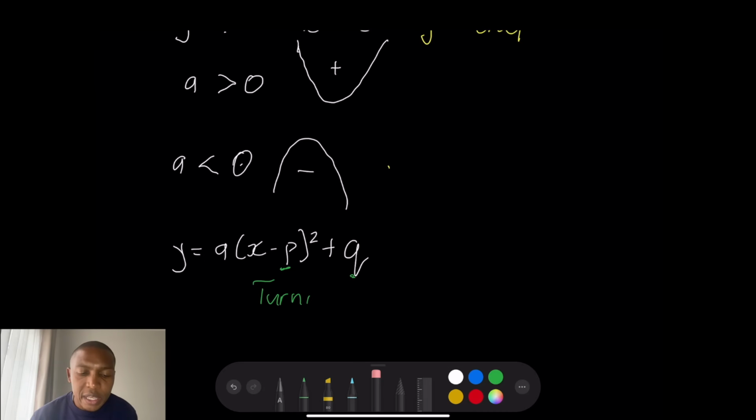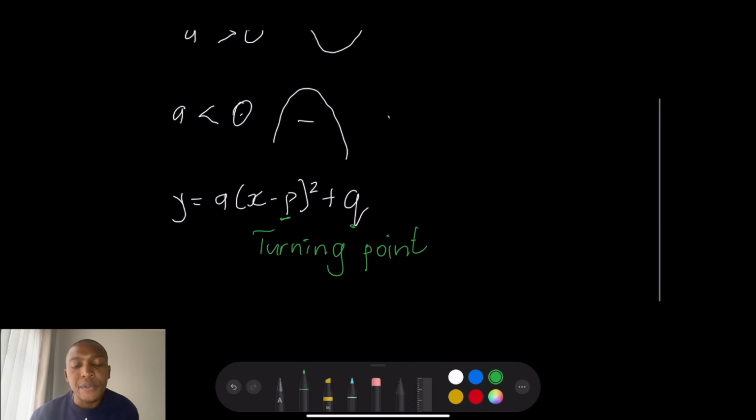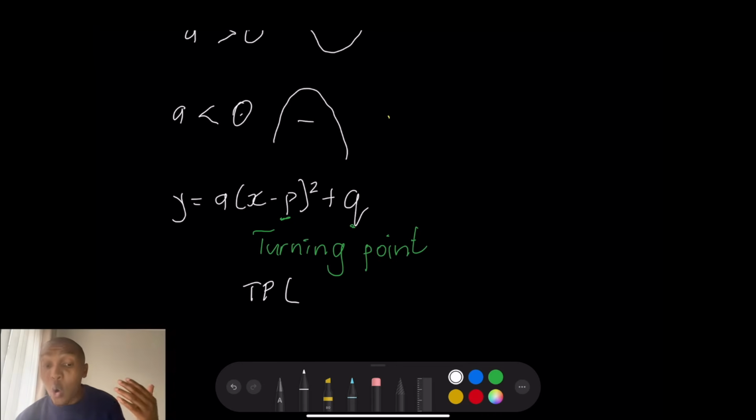So we would know what the turning point is when we've got the parabola given to us in this way. Note very carefully, the coordinates of the turning point would be p and q.